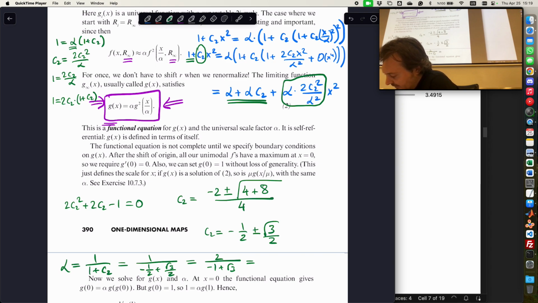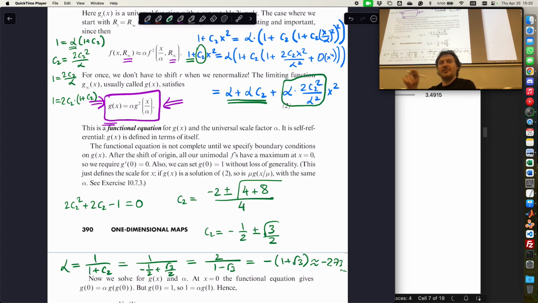In any case, this gives you minus 1 plus square root 3, which is around minus 2.73. Do you see we got alpha, which was 2.502? Do you remember? It's 2.503. We got a nice approximation for it, and this is where we can stop for now.